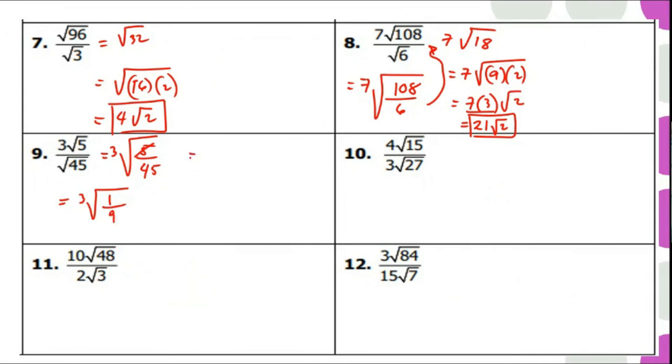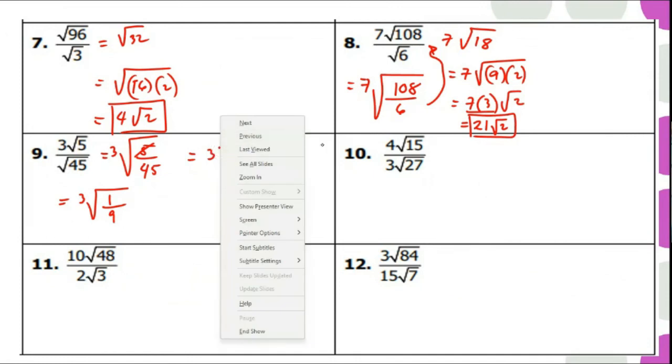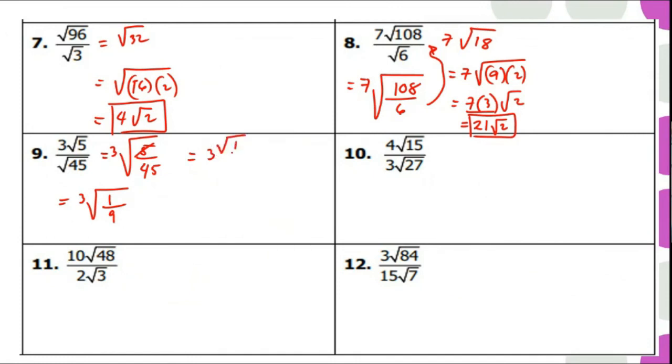So moving forward further, you will have square root of 3 times square root of 1 over 9, which is simply square root of 1 over square root of 9. That is 3. 1 over square root of 9 is 3 as well. So 3 times 3 is 1. So the answer now will be 1.